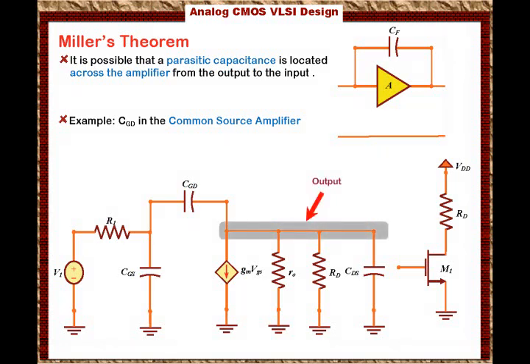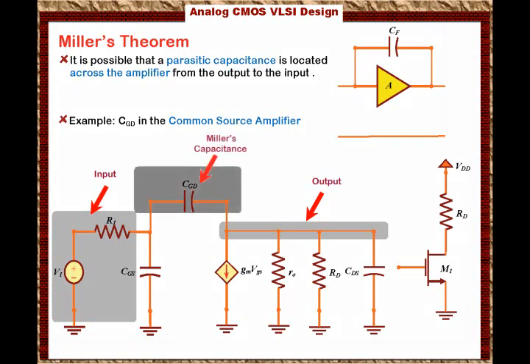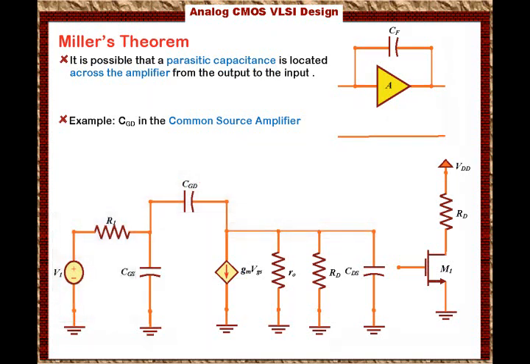Now remember that this node is the output and this node is the input of the amplifier. Then this CGD is the shunt capacitance between the output and the input, right? So this scenario occurs very frequently. In fact, the common source amplifier is a function of frequency because of these capacitances.